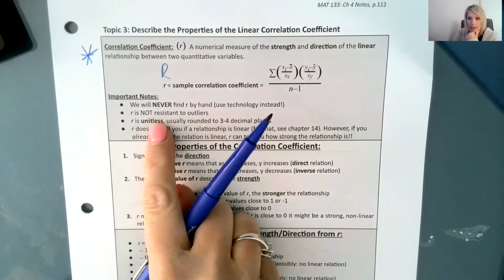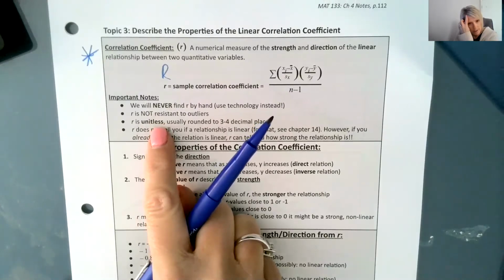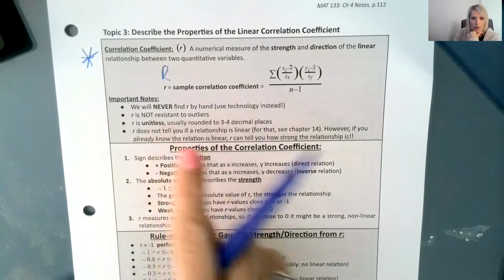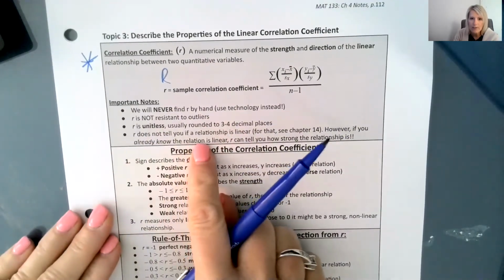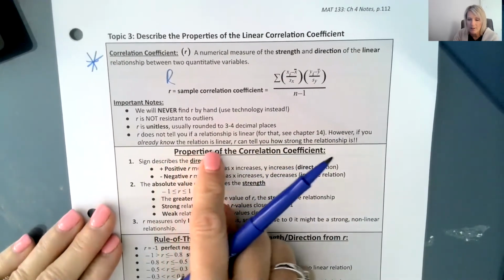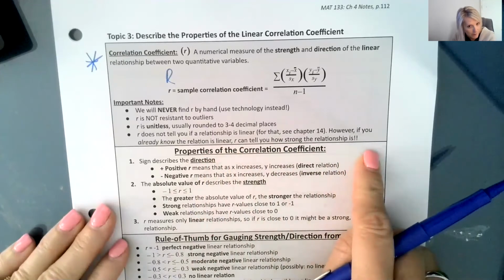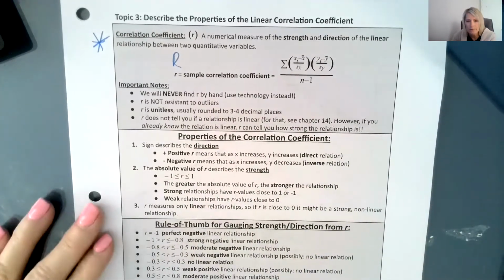So if you have outliers, it's definitely going to affect that R and make it look like there maybe isn't a very good strength between the relationship of the variables. R is unitless. We usually round to 3 or 4 decimal places. R does not tell you if a relationship is linear. However, if you already know the relationship is linear, R can tell you how strong the relationship is.